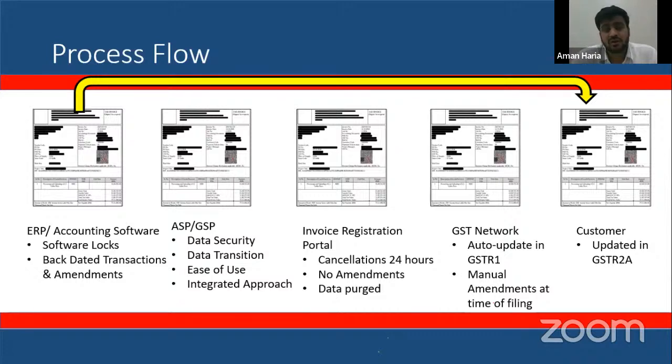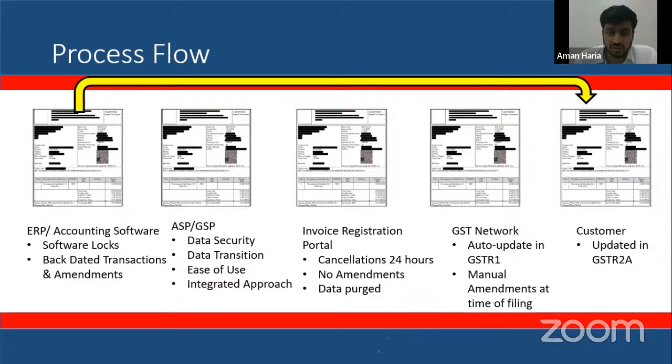Next, on the invoice registration portal, once the data is pushed, ideally we would suggest that you do not opt for cancellation, but if you need to, the cancellation window is only 24 hours. So if 24 hours have passed and then you realize that something was wrong in the invoice, you will not be able to cancel the e-invoice.